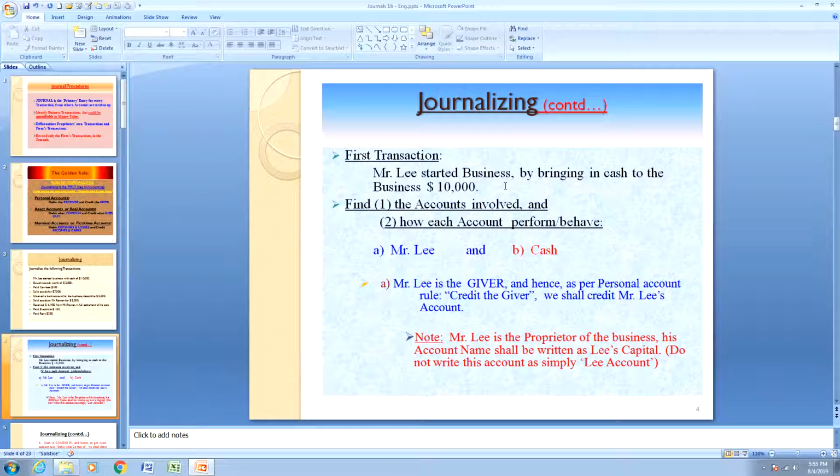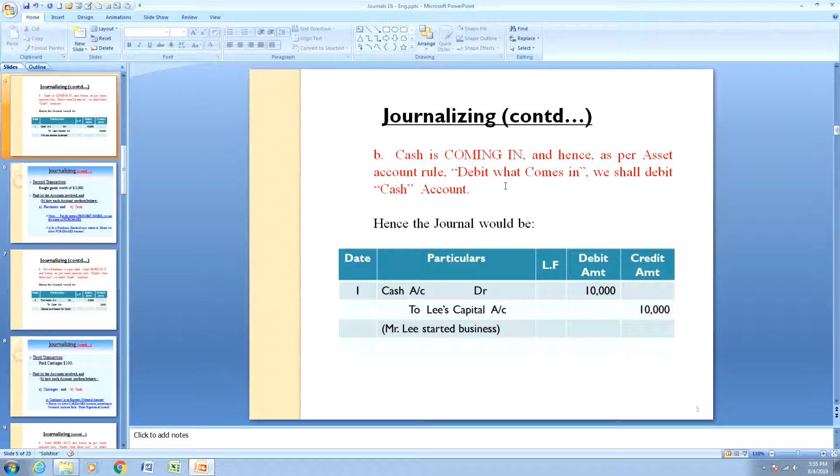You should note that Mr. Lee is the proprietor of the business. His account name shall be written as Lee's Capital. Do not write this account as simply Lee's account. Cash is coming in and hence, as per asset account rule, debit what comes in, we shall debit cash account. Hence, the journal would be cash account debtor $10,000 to Lee's capital account $10,000.